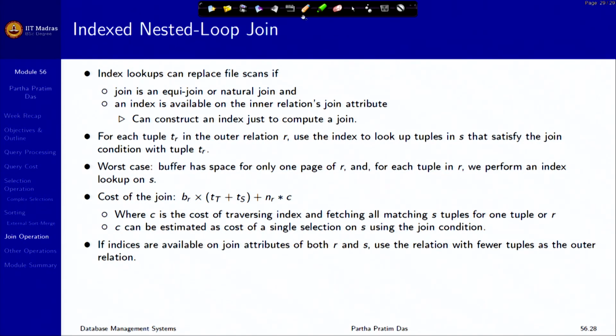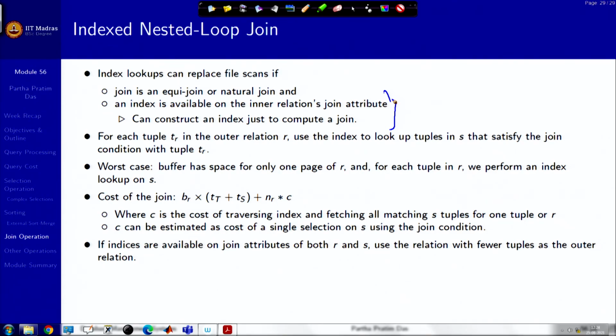So, if you have an index on that, then you will have a join which will go much faster than the block based nesting, and you can show that this comes down to BR plus NR times C, because BR, the outer number of blocks you will have to read, and then NR is the number of records, number of tuples in that, and C basically is the cost to get it through the index for a single selection. Right. So, this will be even faster.